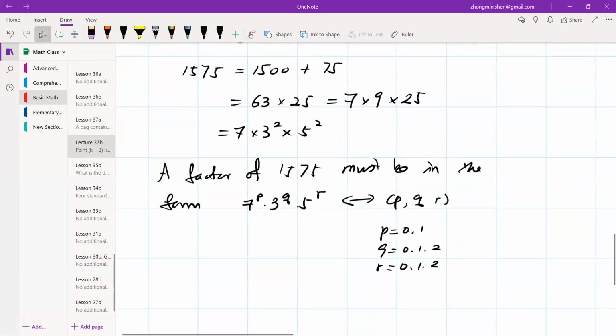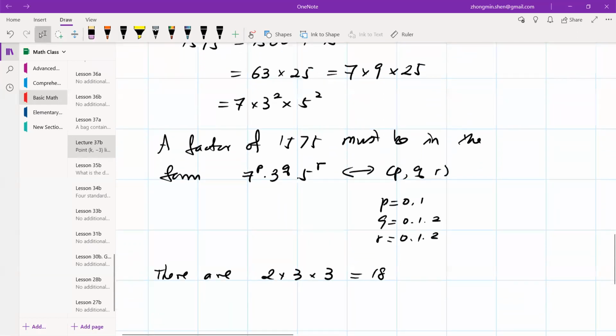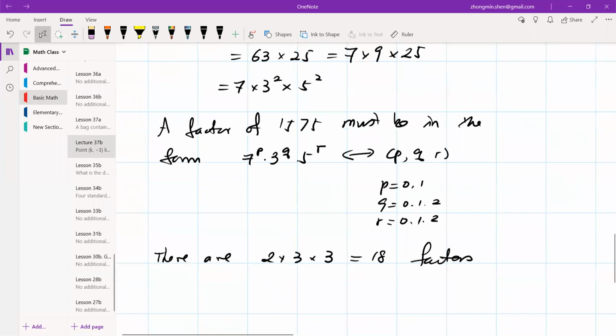In total, how many triples? 2 times 3 times 3, which is 18 triples of such numbers. So that's how many factors you're going to get. The key point is to factor the number.